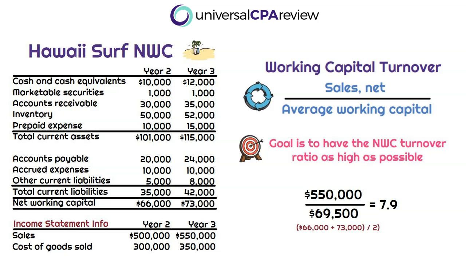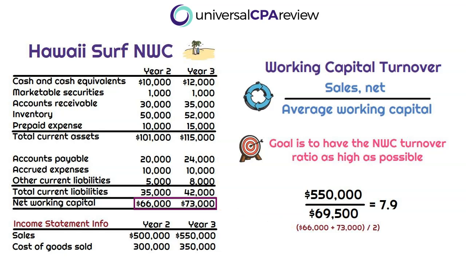And so when we think about our example here, it's now midnight. We might be celebrating New Year's Eve, or it might just be a random Saturday night, but we're still at the Hawaii Surf Club. So on the numerator, it's going to be $550,000 worth of sales. And then for the denominator, we're taking average working capital, which is $66,000 plus $73,000 divided by 2.